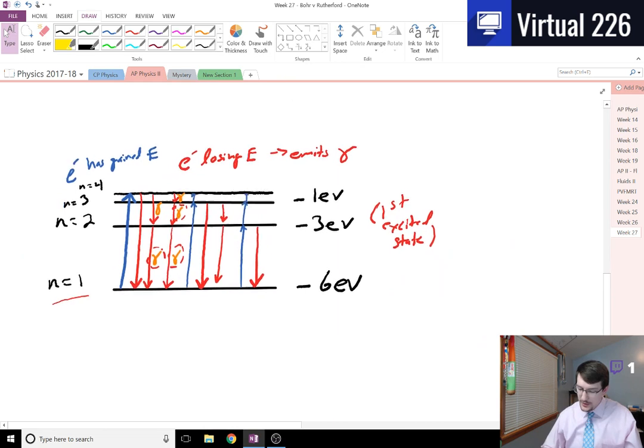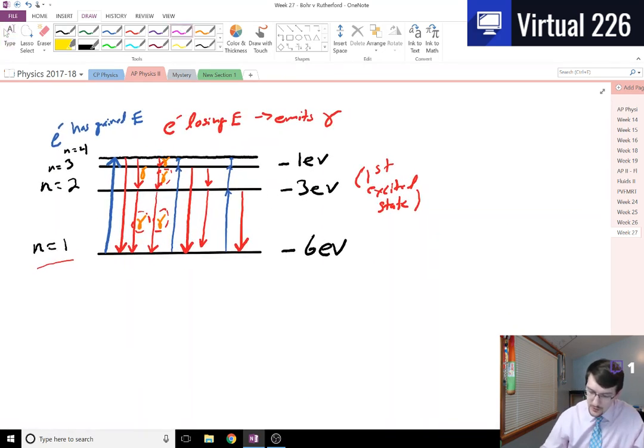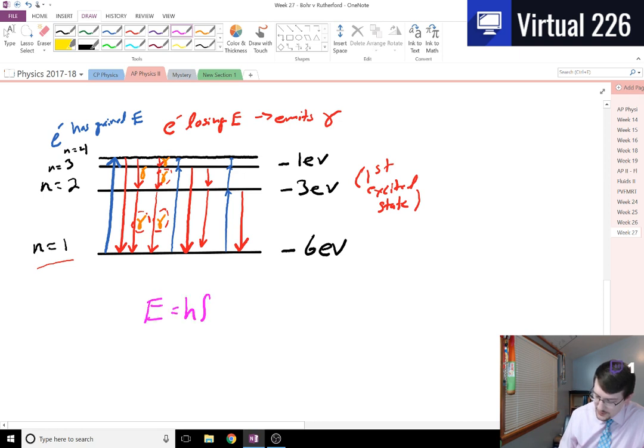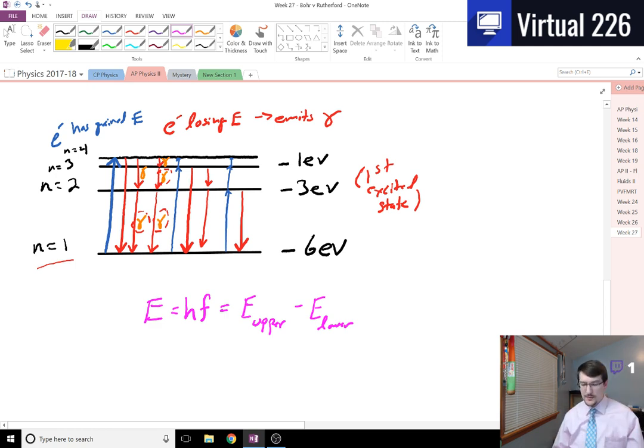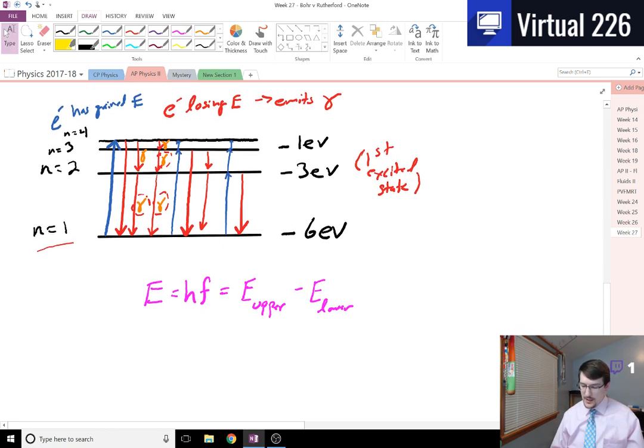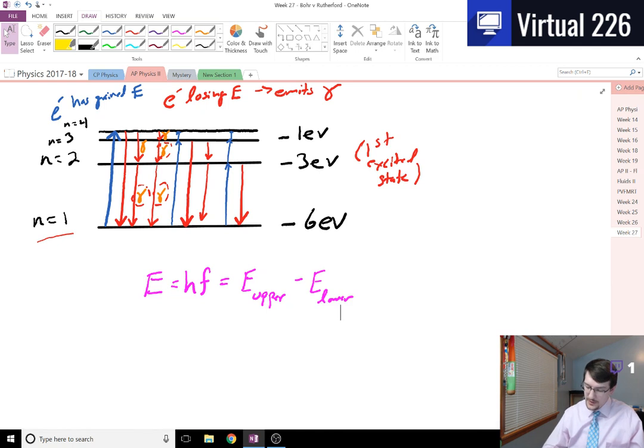Now, when we are emitting these photons, we often can say that the energy of the photon, we know that's equal to Planck's constant times the frequency. The way we normally do this is we take the energy of the upper level we're at minus the energy of the lower level we're at. And the reason we do this is if we normally think about this diagram, and this is just how physics thinks about it, which is kind of backwards from chem.